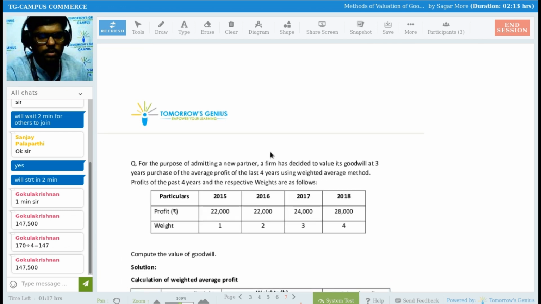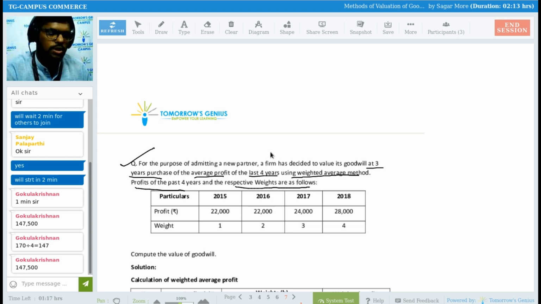See this. For the purpose of admitting a new partner, a firm has decided to value goodwill at 3 years purchase of an average profit of the last 4 years using the weighted average method. The profits of the last 4 years and respective weights are as given. Nothing different here, the question is the same as the one we did. We multiply to get weighted profit, add it and divide by the total of weights to get weighted average profit.